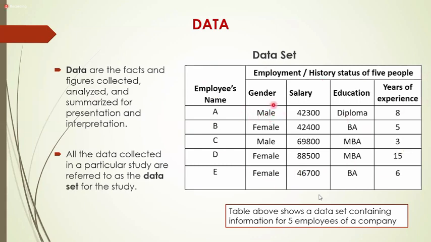This male is a data. 42,300 is a data. Diploma is a data, 8 is a data. Similarly, each and every entry in these cells is data. If you're looking at all this data in a spreadsheet format, then it is called a data set. So a data set consists of more than one data.